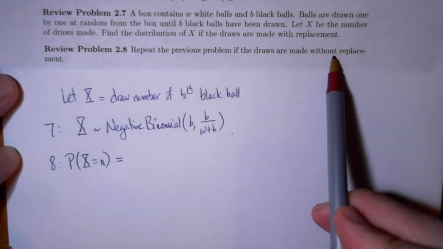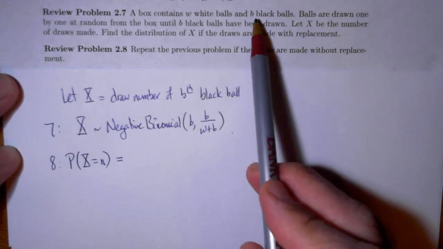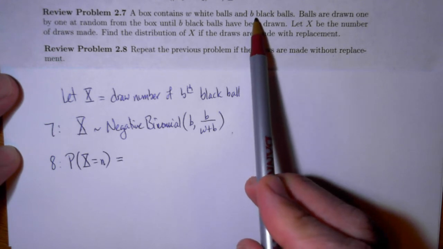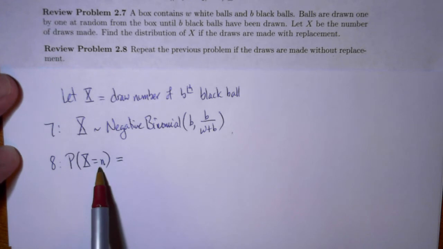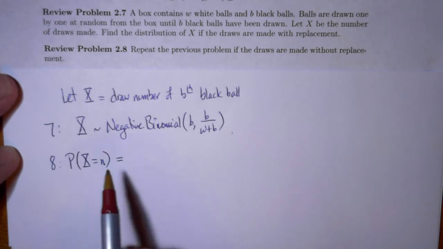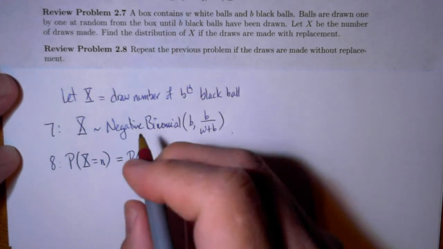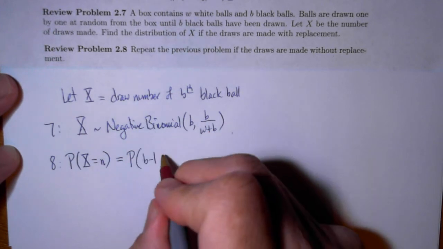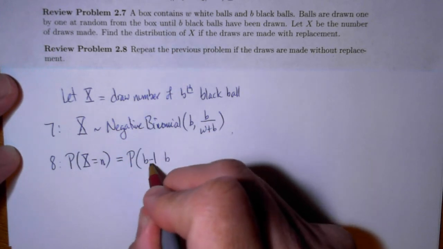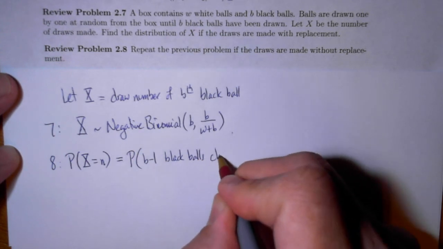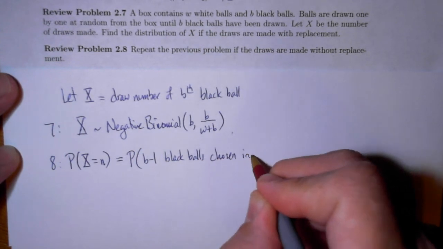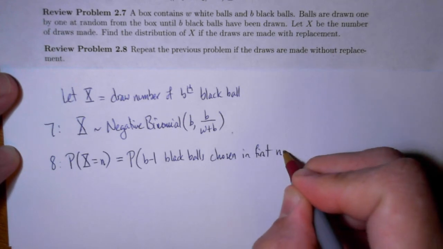Now, if I'm drawing without replacement, that's basically saying how long does it take until all black balls have been pulled? Well, in order to pull the last black ball on the nth draw, that means on the first n minus 1 draws, I have to pull out B minus 1 black balls. So B minus 1 black balls chosen in the first n minus 1 draws.